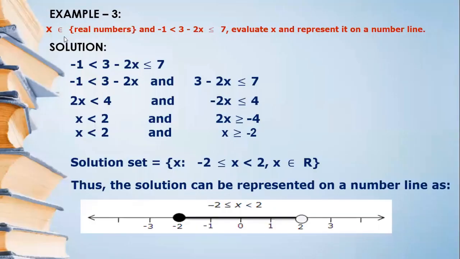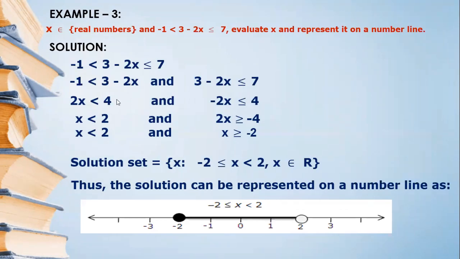Next example, x belongs to real numbers and minus 1 less than 3 minus 2x which is less than or equal to 7. Evaluate x and represent it on a number line. So by taking the inequation minus 1 less than 3 minus 2x less than or equal to 7, again divide it into 2 by taking first term and second term, and second term and third term.